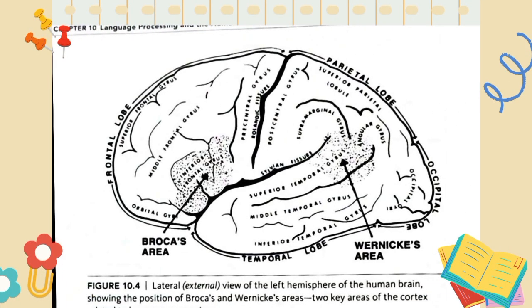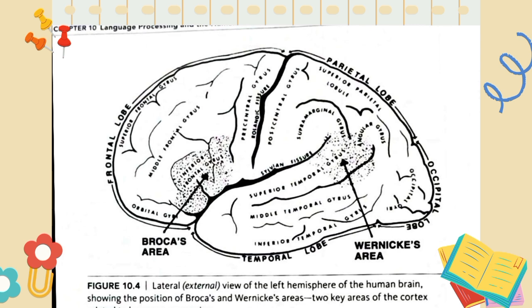So, this is the lateral or external view of the left hemisphere of the human brain, showing the position of Broca's and Wernicke's areas, the two key areas of the cortex related to language processing. Broca's area is located in the frontal lobe, typically in the left hemisphere in most right-handed individuals.